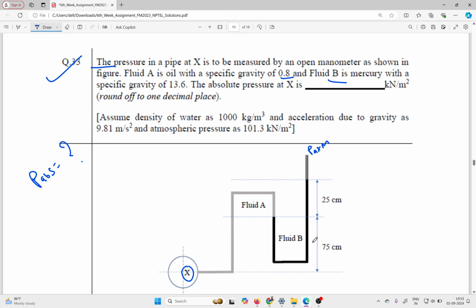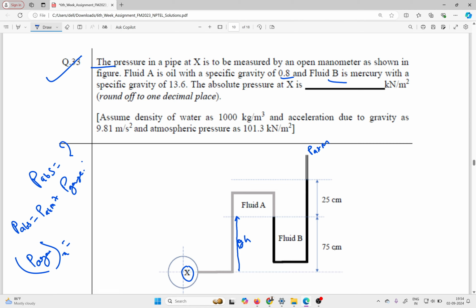So here P absolute is nothing but, as I have already discussed earlier, P absolute is P atmospheric plus P gas. So what is your P gas at X? You will move from here to here in this direction: rho g h.